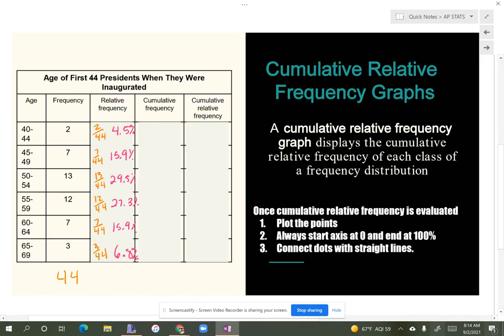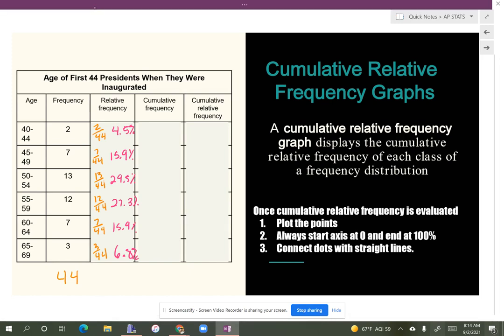Okay? That's the relative frequency of the presidents. We're talking about presidents and their age. So from the 40 to 44 age, there are 2. So that's 4.5%. Now we're going to do the cumulative frequency, and that means everything from there and below.